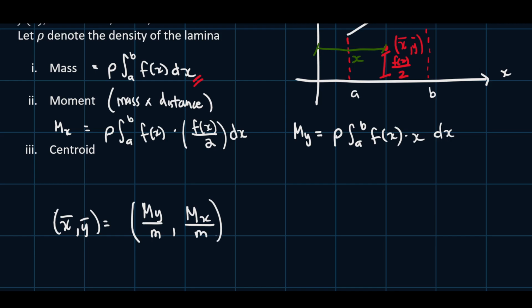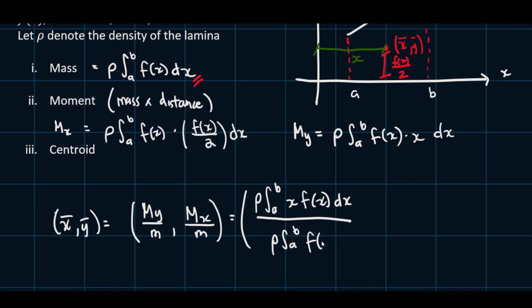Now, if we want to simplify, in terms of the integrals, the moment about the y-axis is rho times the integral from a to b of x f of x dx, all over the mass, rho times the definite integral from a to b of f of x dx.